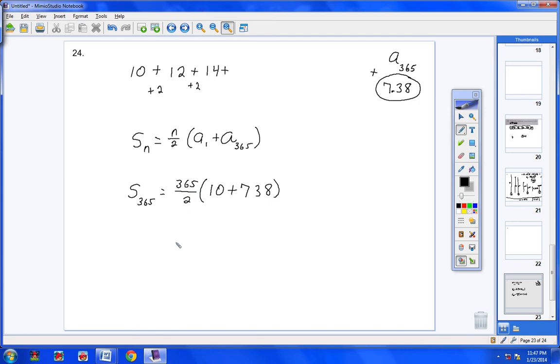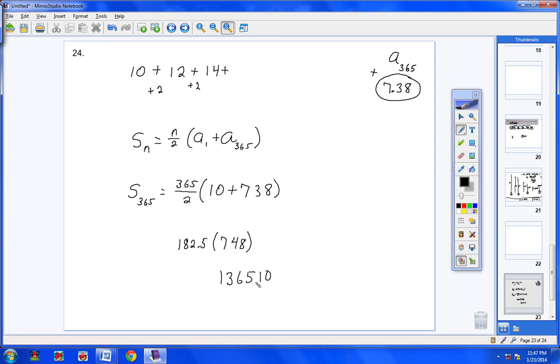Now, when I divide this right here, I'll get 182.5 times 748. All right, so let me grab my calculator real quick, and we'll take 748 times 182.5, and we're going to get this right here, 136,510.